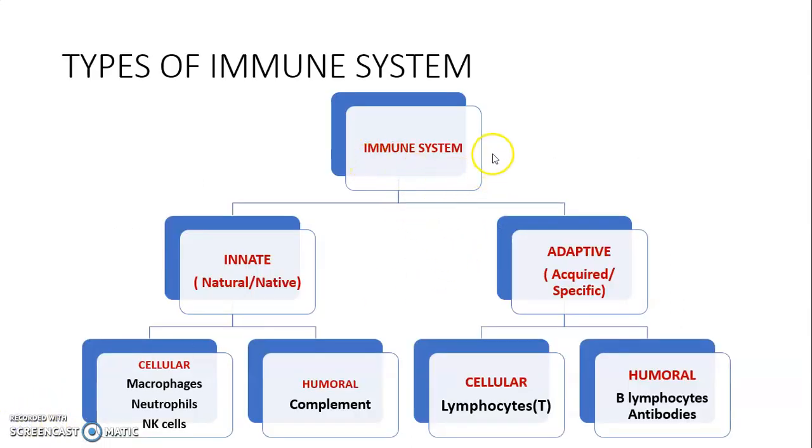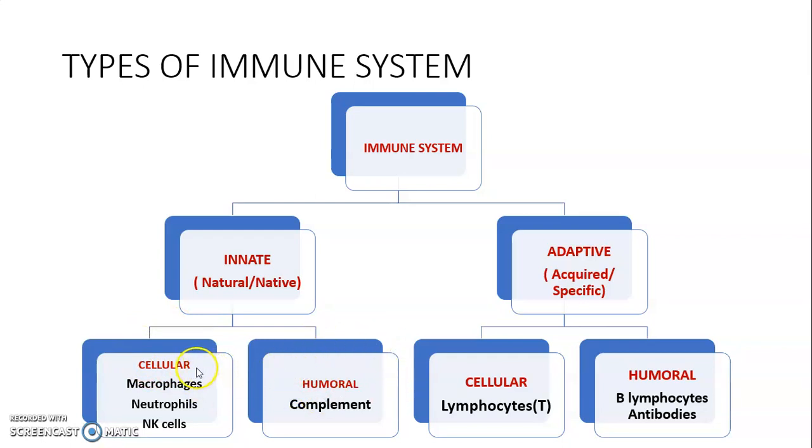So, types of immune system. There are two types of immune system, innate and adaptive. Innate immune system is also known as natural or native immune system, and adaptive is also known as acquired or specific type of immune system. So the innate system has cellular and humoral immunity.